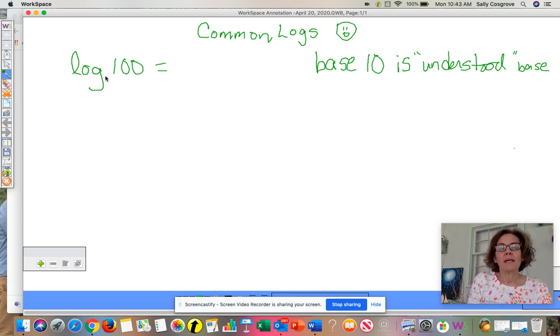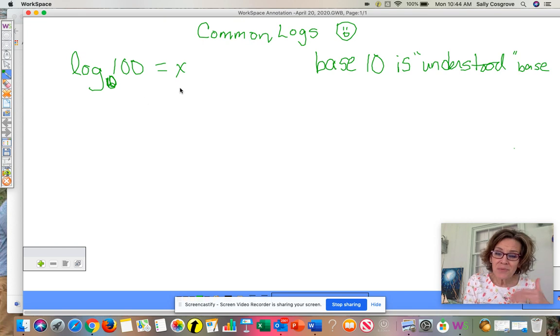All right? So log of 100. I will put in a base B right here, just to kind of help you think about it for now. Log base B of 100 equals, all right? But that is base 10, so let's just go ahead and put the 10 there. Now let's rewrite that. We don't know what that is, so let's say x.